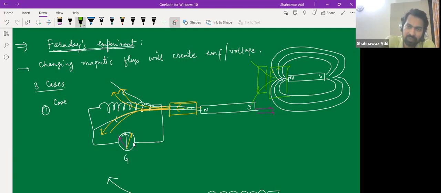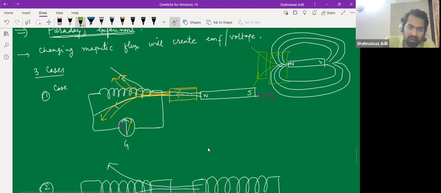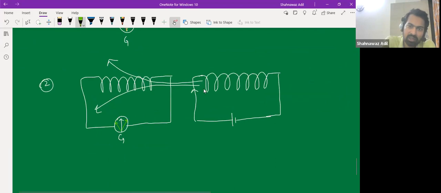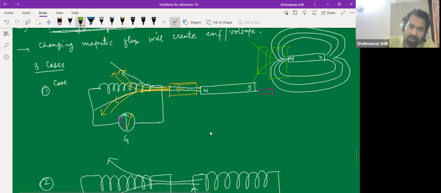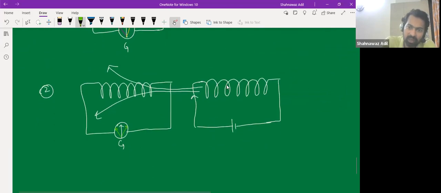Yes, sir. Okay, so now the similar case, but in the case of a bar magnet, you replace the bar magnet with another coil which has some current flowing through it. So you already know that for a solenoid, you have this magnetic field, so this will behave like a bar magnet, right?